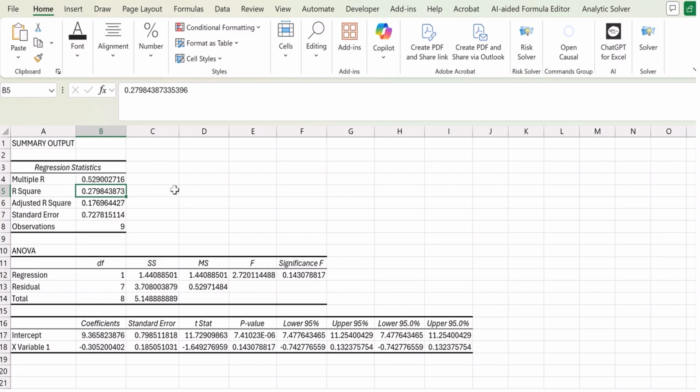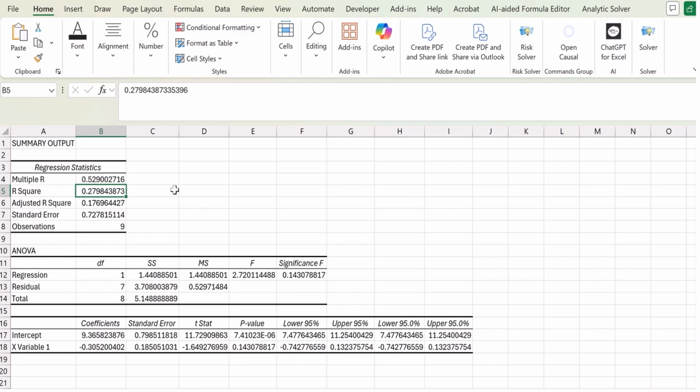It tells us how much the model fits the data, but a high R square does not imply causation, nor does a low R square necessarily mean the model is useless. R square can be influenced by repeated measurements and outliers.